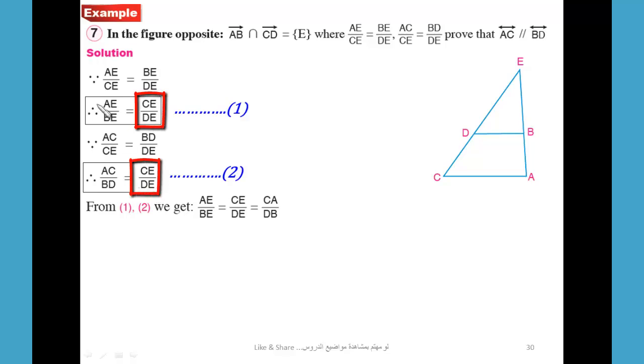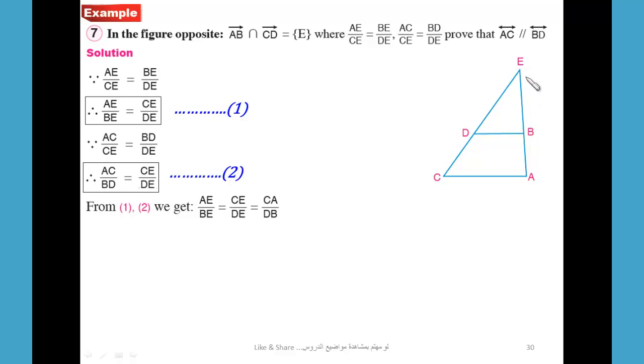So these terms are equal, and we rewrite it: AE over BE equals CE over DE equals CA over DB. And now look at the figure. What does that mean in the figure? Here we have AE, a side in triangle AEC. AE over BE.